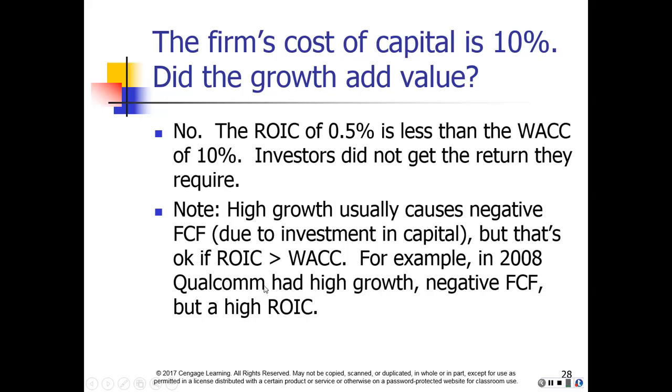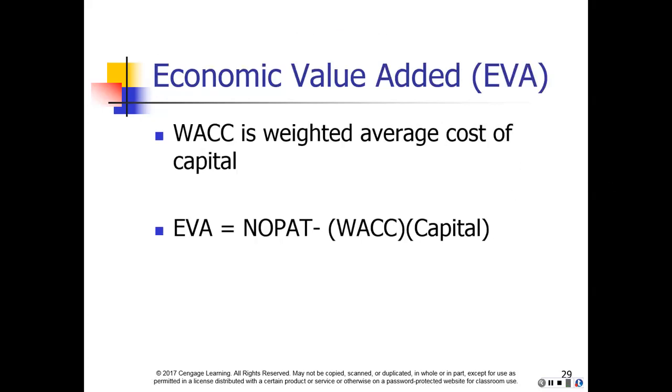In 2008, Qualcomm had high growth, negative FCF, but a high ROIC. So that was okay, and investors will not react negatively to that kind of situation. But here we have a situation that should worry investors.